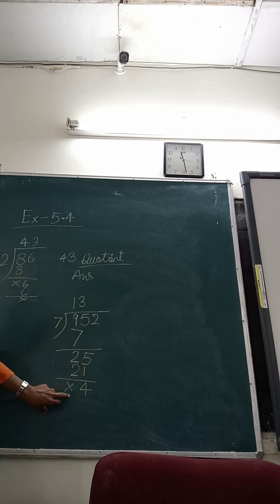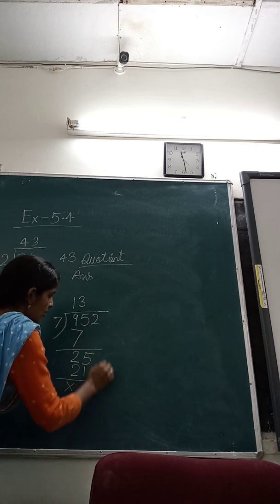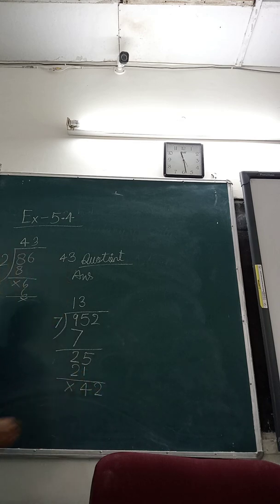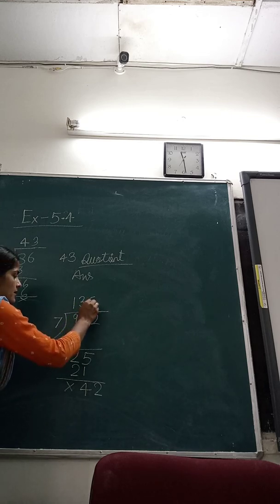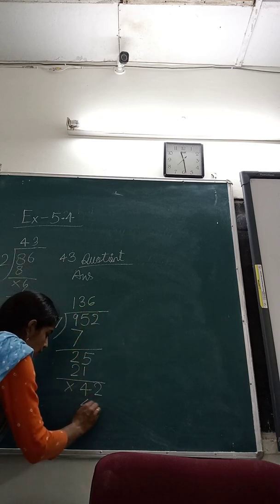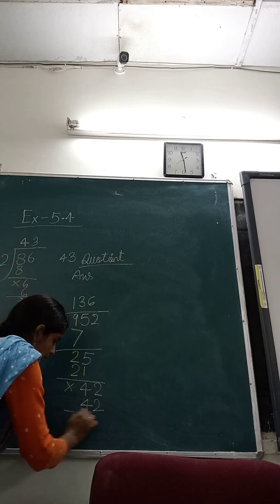But we can't write 0 here, so we put a symbol of cross. And 2 will come down. 7 fives are 35, 7 sixes are 42. Then we write here 6 and 42 will be down.